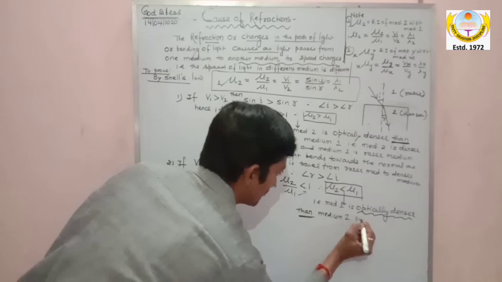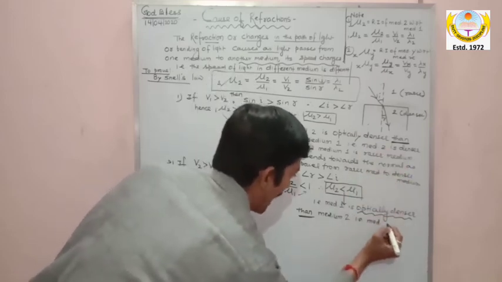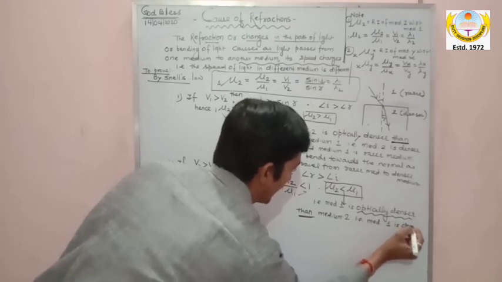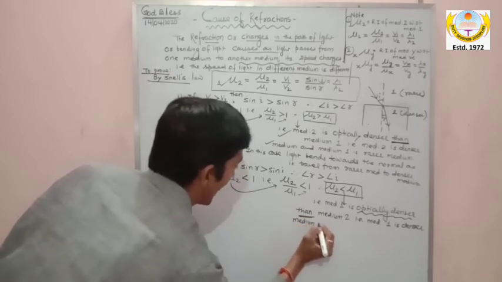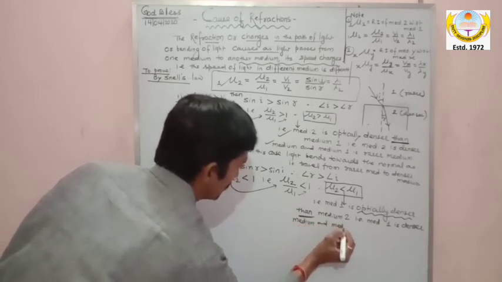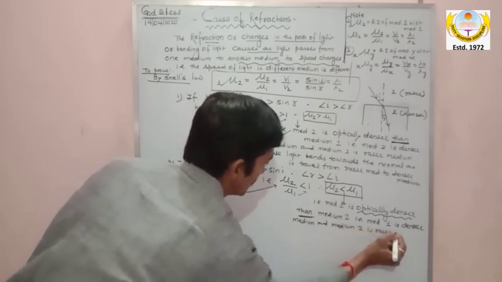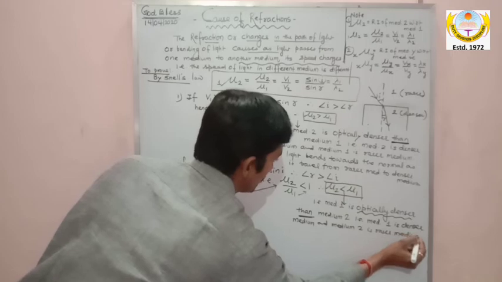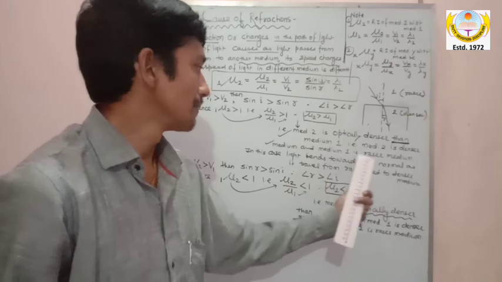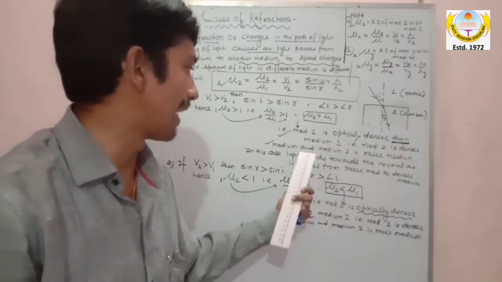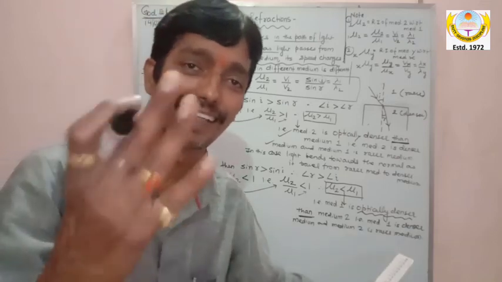That is medium 1 is the denser medium and medium 2 is the rarer medium. Earlier medium 2 was denser and medium 1 was rarer. Now medium 1 is denser and medium 2 becomes rarer.